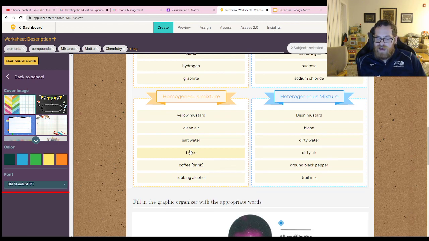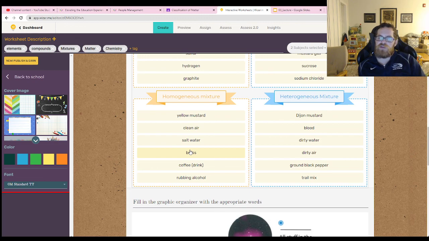If I have slight changes in proportions for my brass, say I add more zinc to it, adding more zinc can maybe make it stronger, but it doesn't change the properties significantly. So it's considered a mixture.